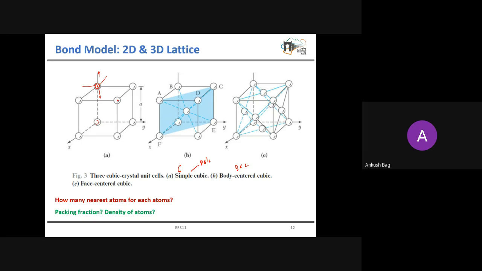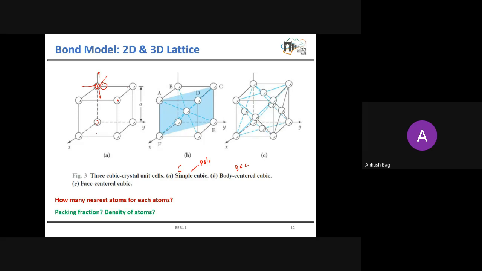If I calculate the entire volume of this cube, and we consider that all these atoms are touching each other, of course they cannot really touch, but still, if we consider that they are all touching each other, then what does the packing fraction mean?